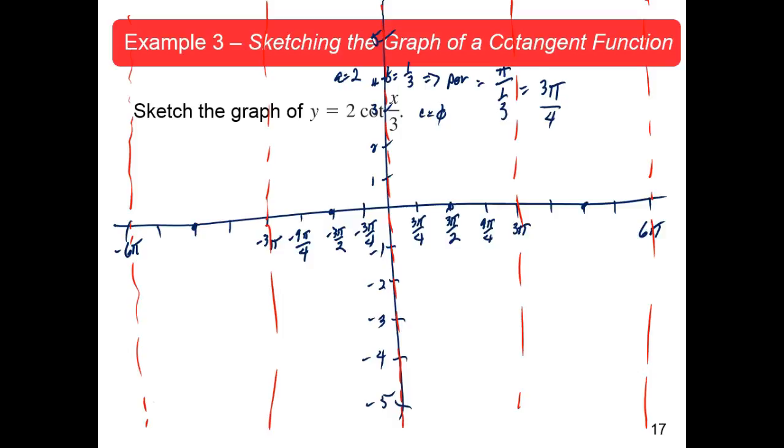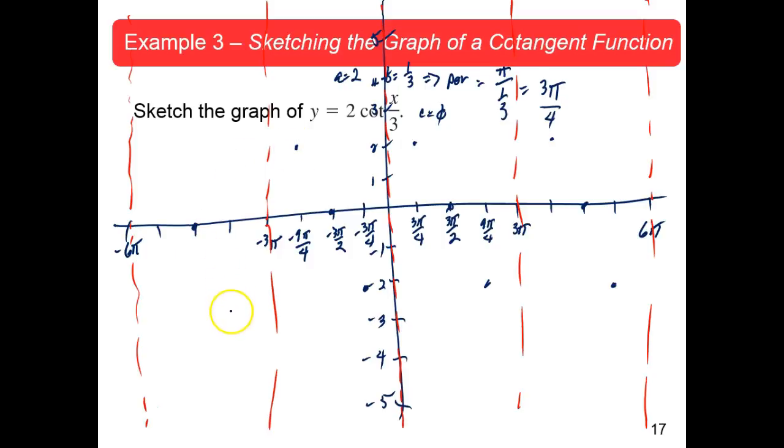Now, where do you go at your quarter periods? Plus or minus 2. And in the first quadrant, everything's positive, so this is going to be at plus 2, so this must be down here at minus 2. This one up here at plus 2, this one down here at minus 2. This one down here at minus 2, this one up here at plus 2.